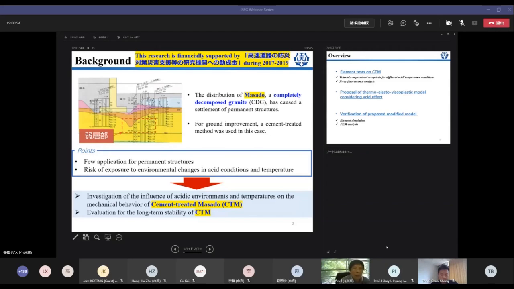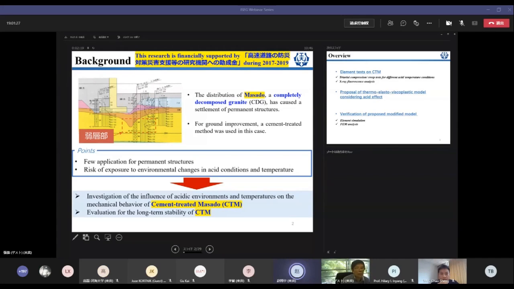The background is that maybe some people know that in the past 20 years, we have one of the greatest projects in Japan, called the New Tokyo-Osaka Expressway project, connecting the Tokyo metropolitan and Osaka metropolitan areas. So in the central areas where I live, we constructed 55 kilometers of expressways.